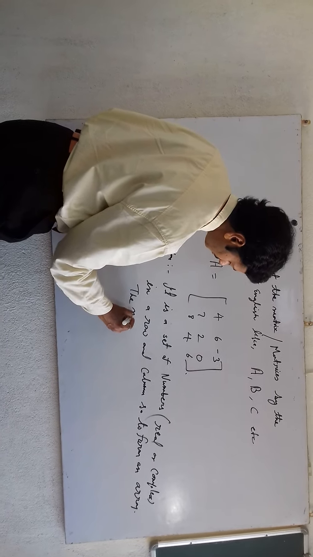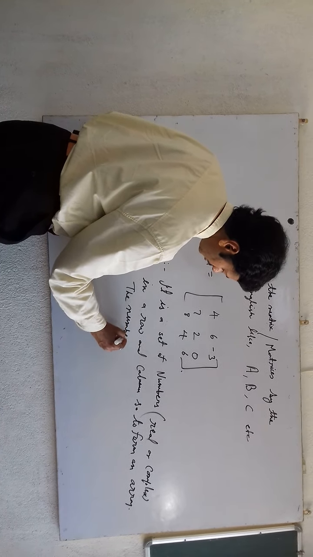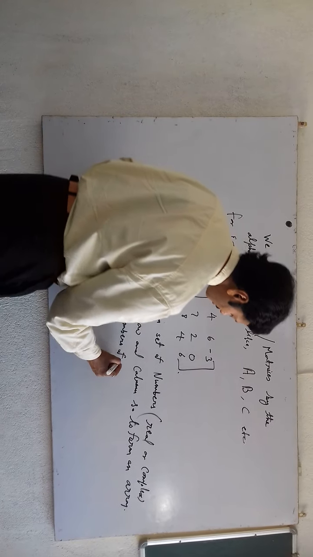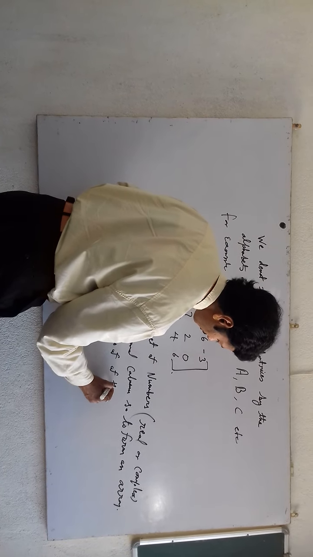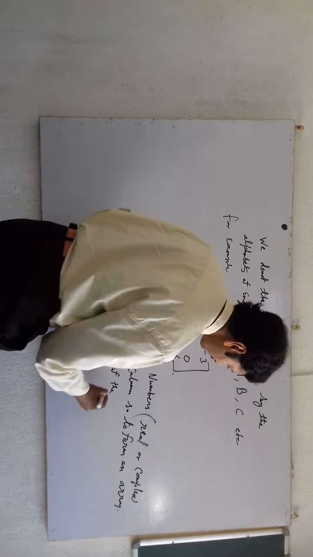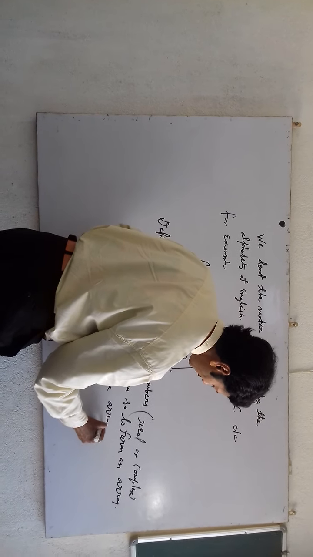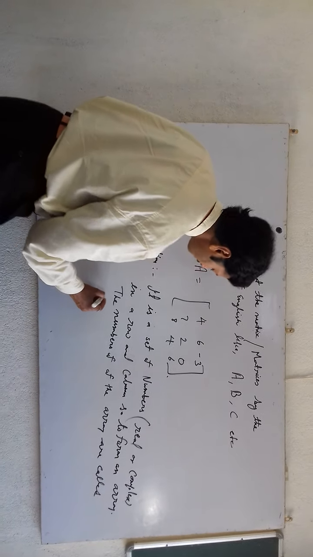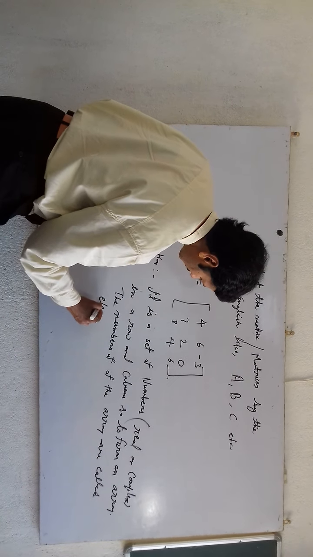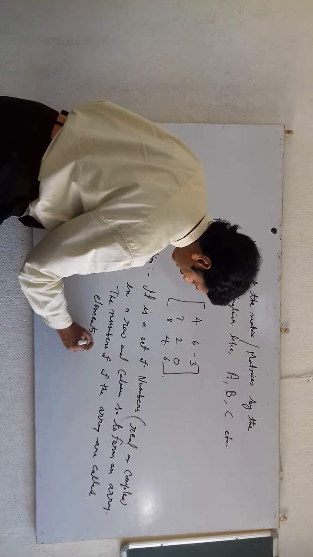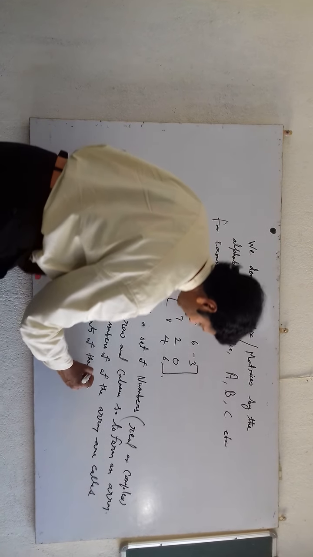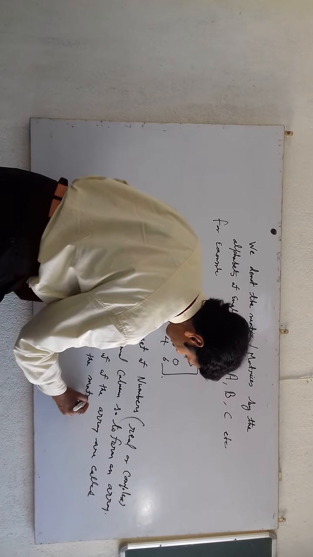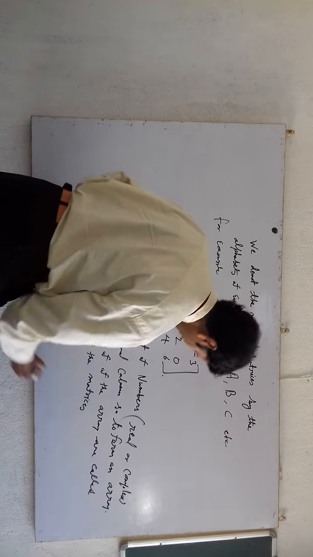The numbers of the array are called elements of the matrix.